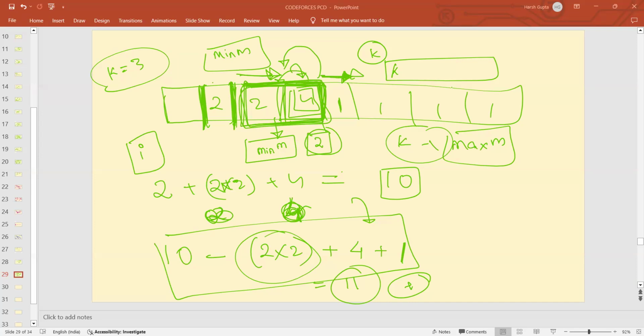Yes. So I take the maximum from 0 to the minimum index, and the maximum from the maximum index to n, and make them my starting and ending points.